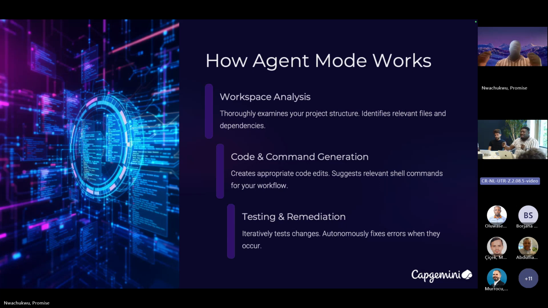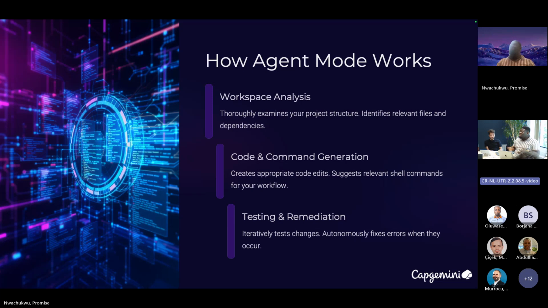And it automatically runs the code, of course with your permission. If that still doesn't resolve the issue, it keeps going until it finally resolves it. And then you can decide to say, okay, let's move forward.